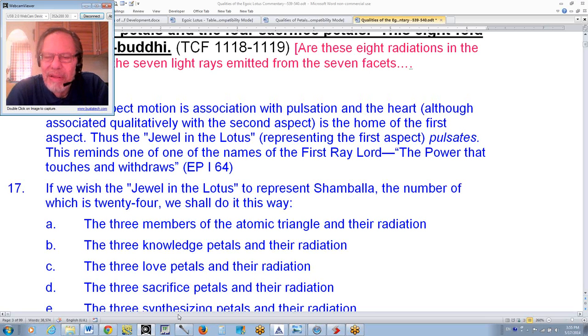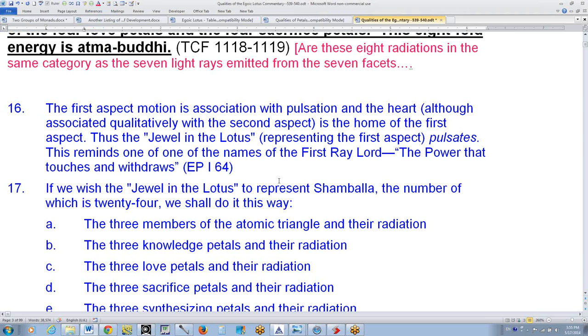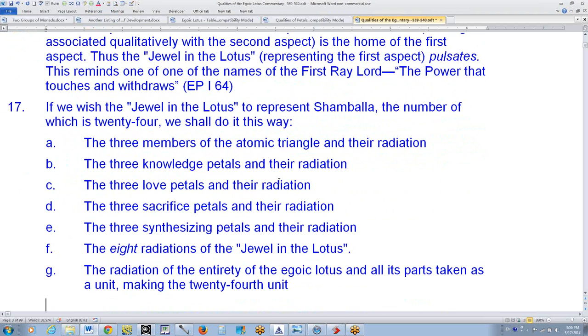Now, I've come up with another thing here, doing our numbers work. If we wish the jewel in the lotus to represent Shambhala, the number which is 24 or 6, we can do it this way. The 3 members of the triangle and their radiation, because of course it's the energies that are important. The 3 knowledge petals and their radiation, 3 love and their radiation, 3 sacrifice and their radiation, the 3 synthesizing petals and their radiation.